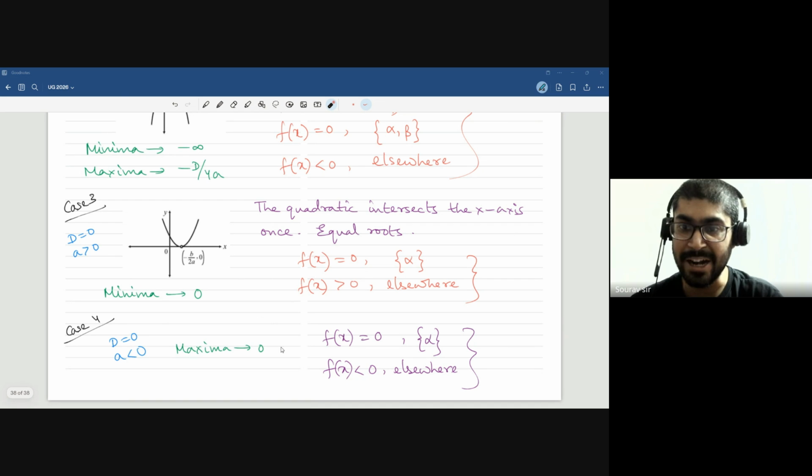Okay. Now there might be a case where the graph does not touch the x-axis. That is also possible. There could also be a case when the graph does not touch the x-axis but points downwards. So let me give you the next two cases.